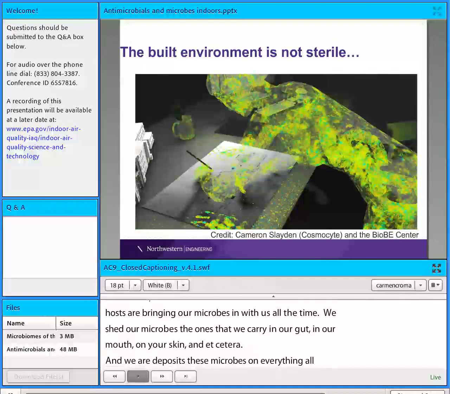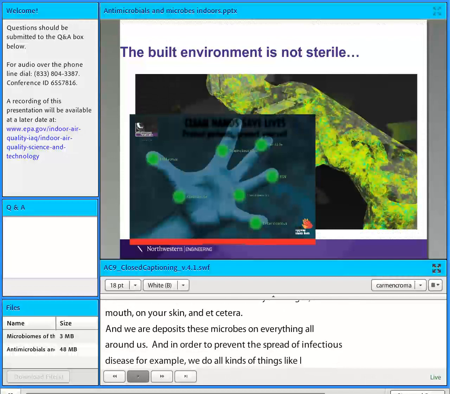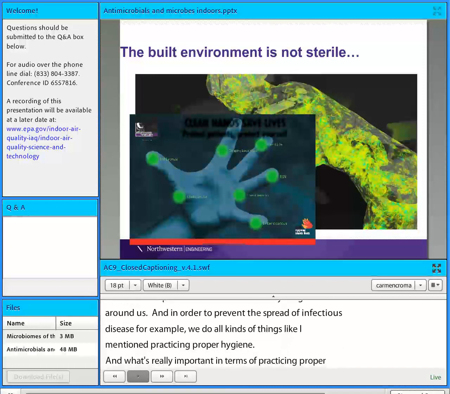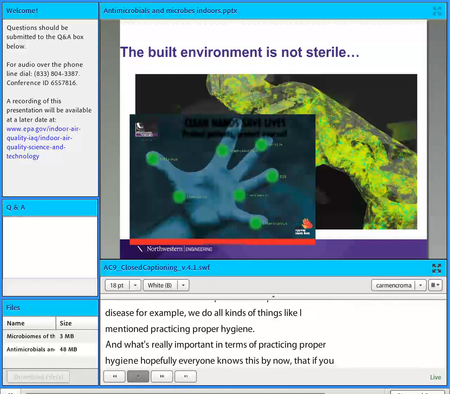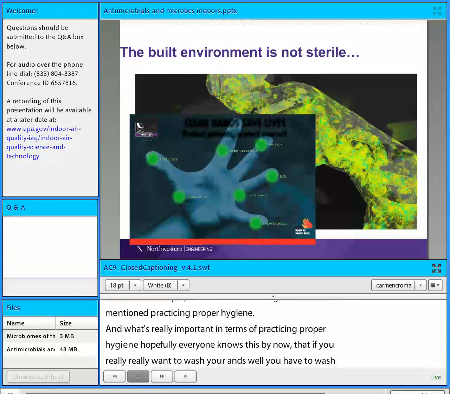And in order to prevent the spread of infectious disease, for example, we do all kinds of things like I mentioned, practicing proper hygiene. And what's really important in terms of practicing proper hygiene, and hopefully everyone knows this by now, is that if you really want to wash your hands well, you have to wash your hands for at least 20 seconds. I've been saying this for years, and now I'm really excited that hopefully everyone has gotten the message, and maybe I don't have to say it so much anymore.